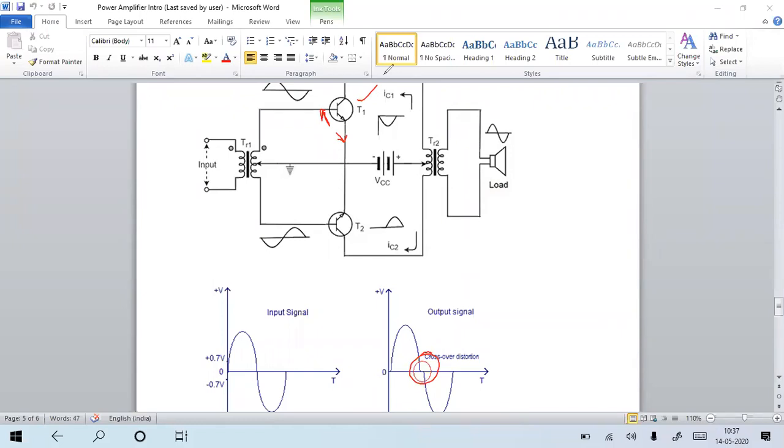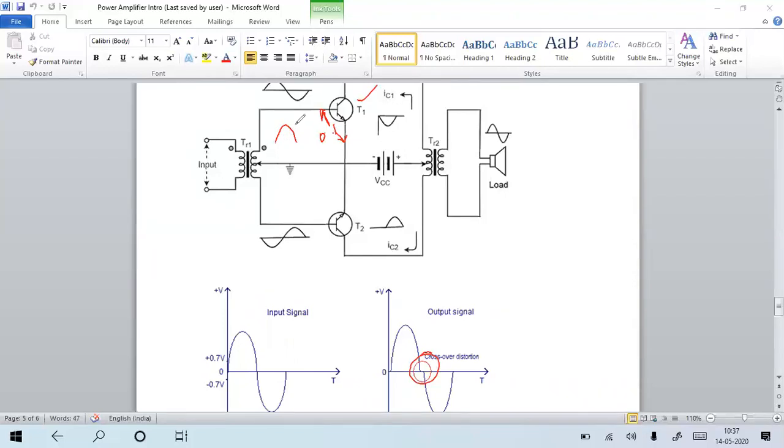So even as we enter the positive cycle of the input, transistor 1 is on, but as soon as we enter the positive cycle, the device will not turn on immediately, because the device requires about 0.7 volts from base to emitter to turn on. So the minimum voltage required to turn on transistor T1 is 0.7.